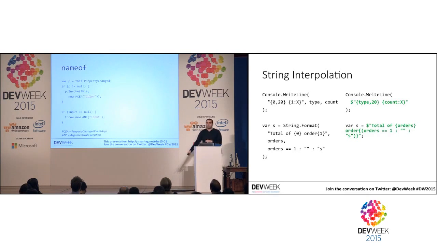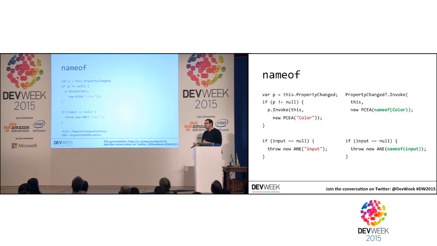OK, so nameof is a really tiny feature which lets you get the name of specific code elements. This is useful in a bunch of contexts. For example, property changed handlers usually look like this.